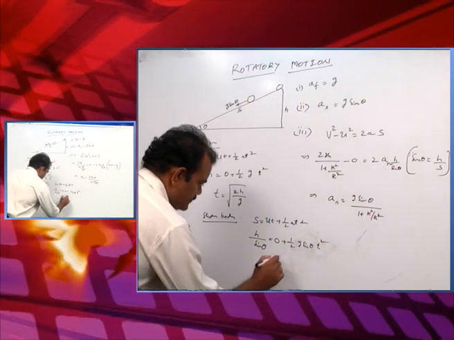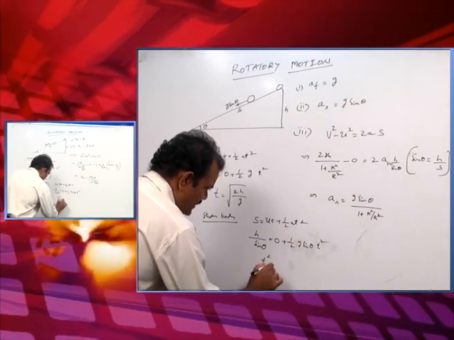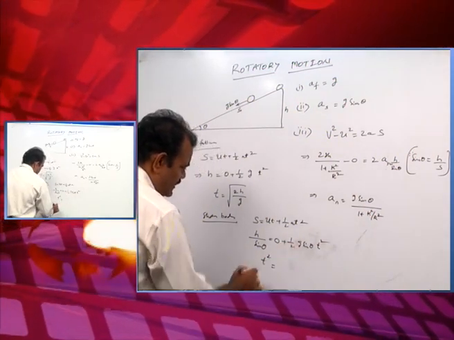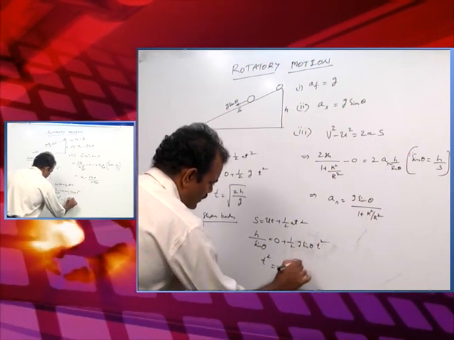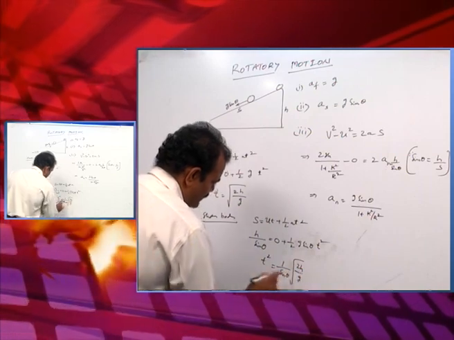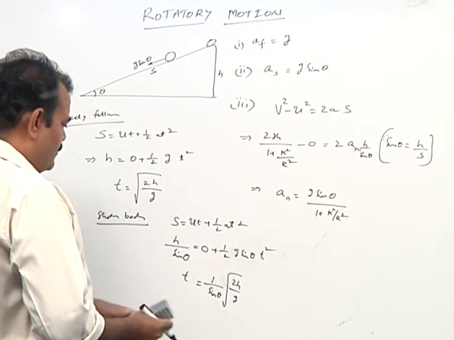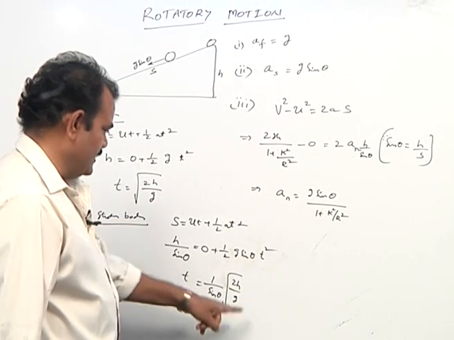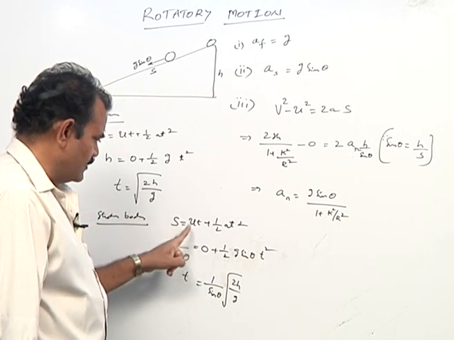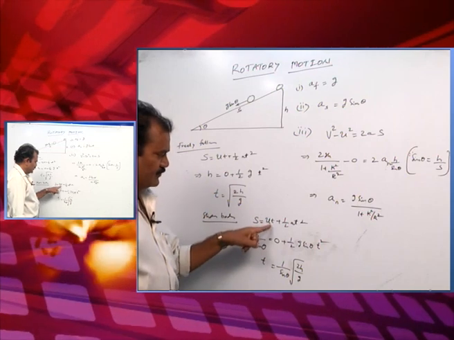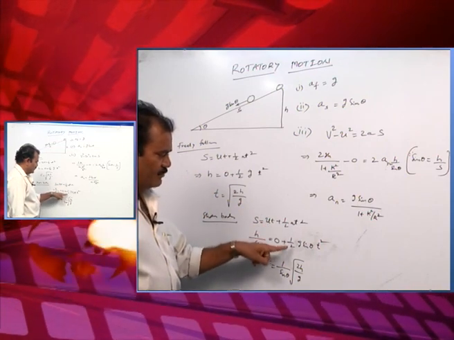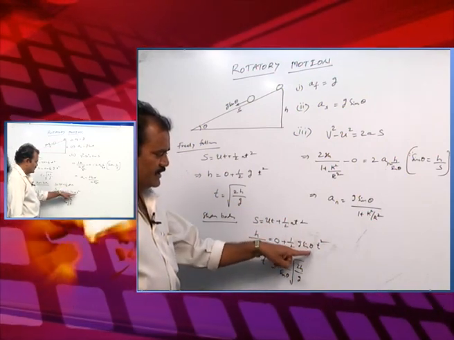Now t is equal to 1 by sin theta root of 2h by g. See, S is equal to ut plus half at square, S is equal to h by sin theta, ut is 0, and one by two, a is equal to g sin theta, and t square.